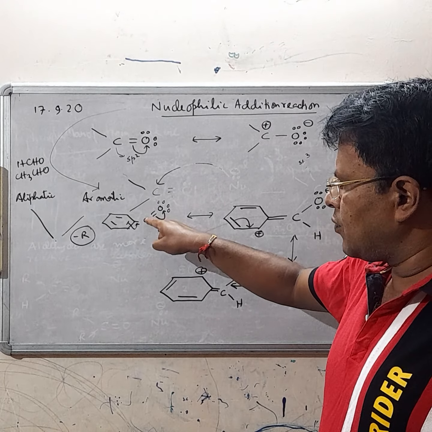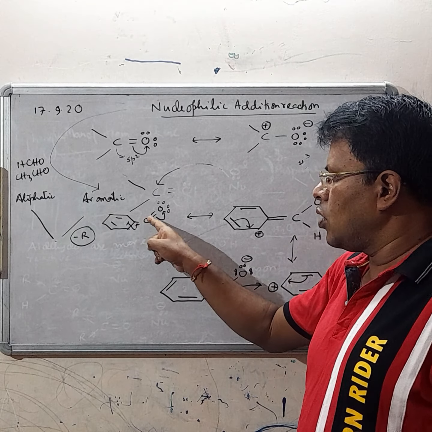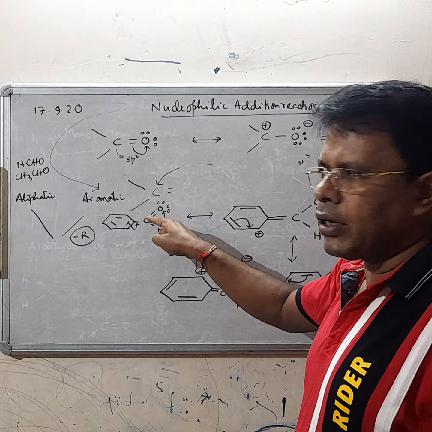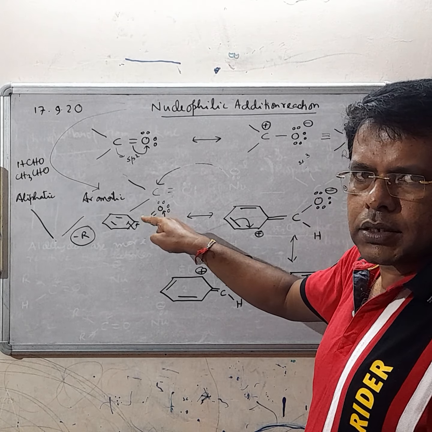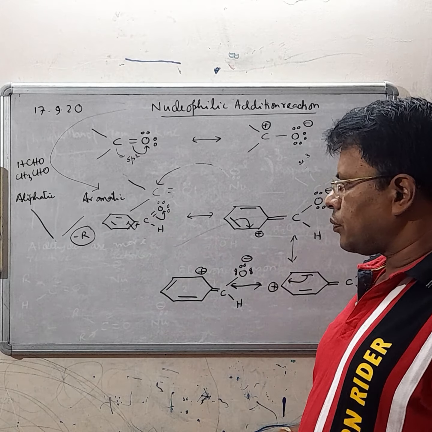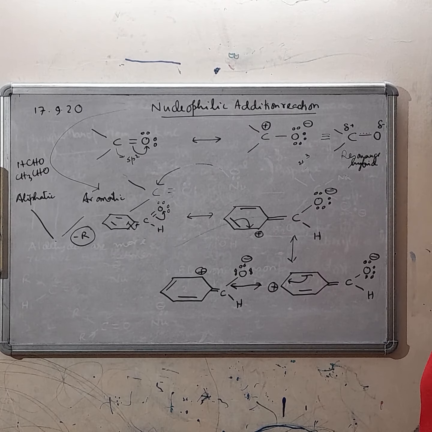So if the positive charge of this carbon is going to the ring carbon atom, the positive charge here will decrease, or will be less. So that's why aromatic aldehydes are less reactive.